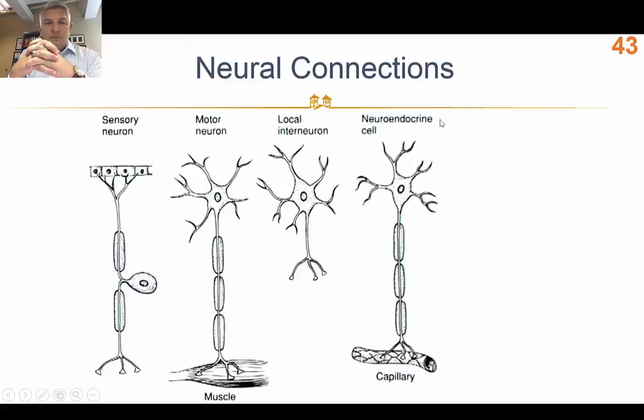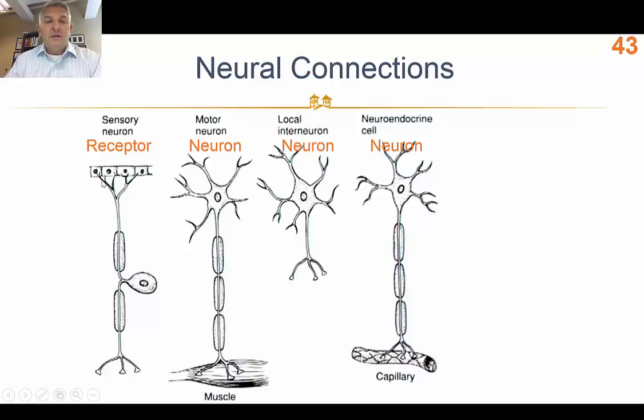Now, neurons can receive input from either receptors or other neurons. That's typically how neurons, dendrites, get their input. They're either receiving input from another neuron, neurotransmitter, or in the case of sensory neurons, they may have specialized receptors that they're receiving input from.